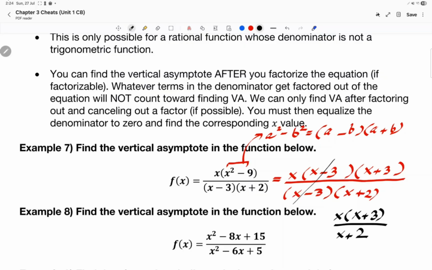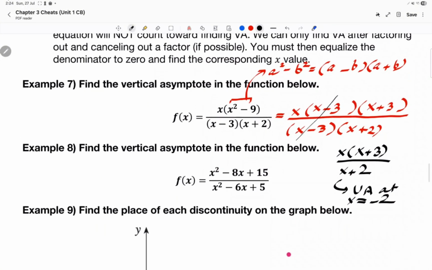Now, what's my vertical asymptote? What number will go on the bottom and make the whole thing 0? -2, right? So vertical asymptote at x is equal to -2. All right. How about this one here?